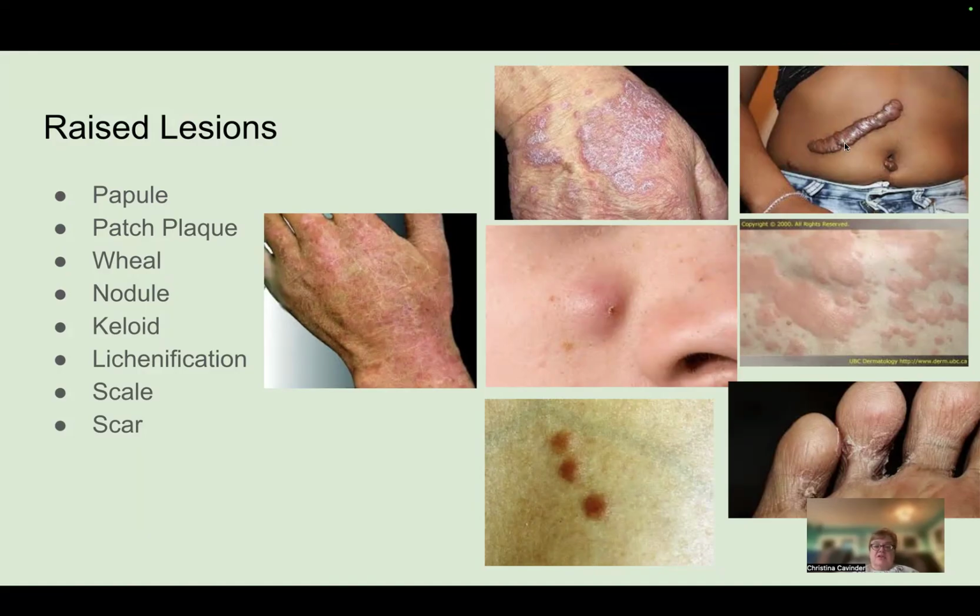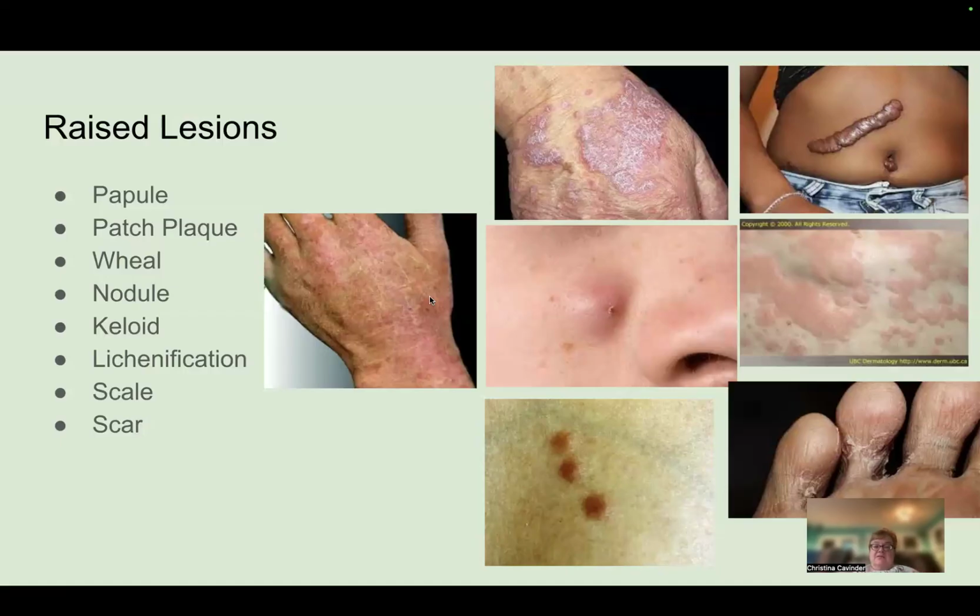And lichenification, this would be lichenification here, where, if you know what a lichen is, like a fungus that grows over trees, if you think of that, lichenification doesn't always mean that it is a fungus though, but it's raised, but not super raised, and it just kind of spreads out.